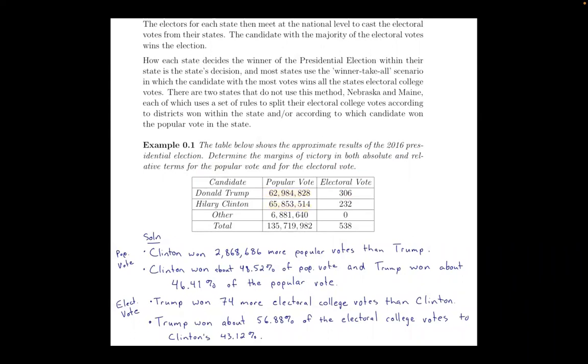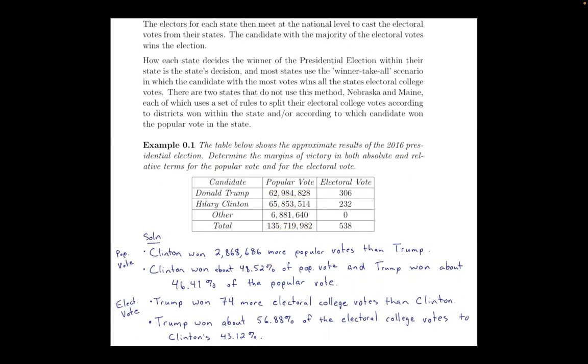By percentage, Clinton won about 48.52% of the popular vote. I took this number and divided it by the total to get her percentage. And Donald Trump won 46.41%. I took his popular vote count and divided it by the total. Now let's note the margin of victory here.